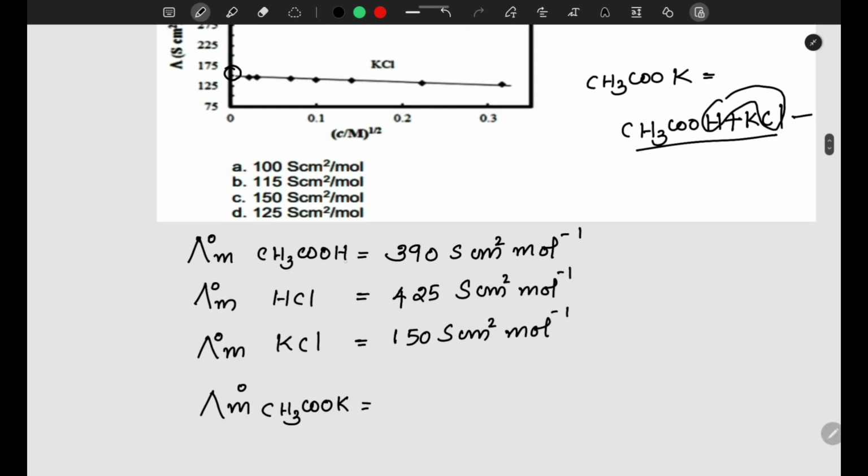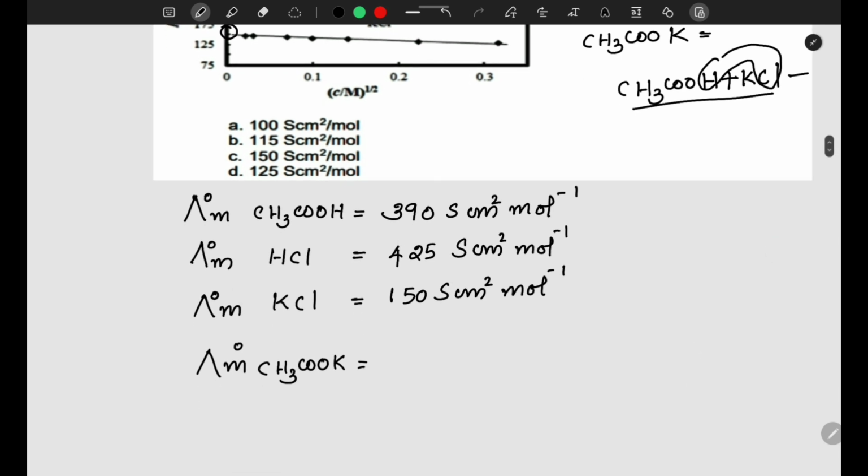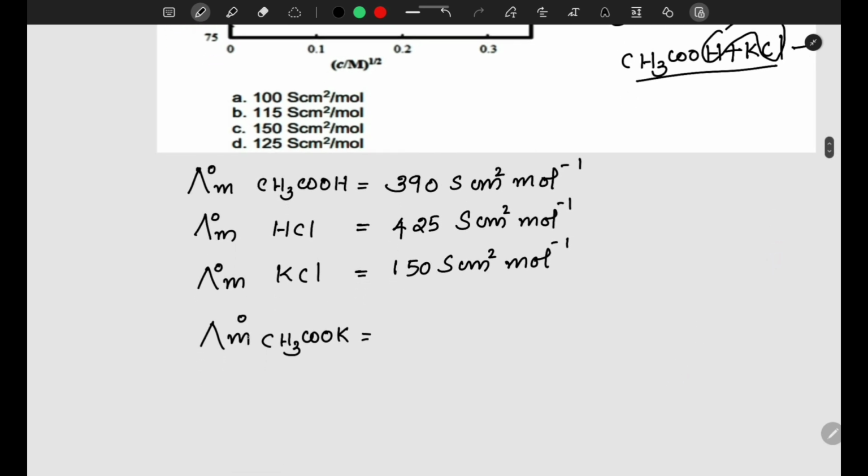So the limiting molar conductivity of acetic acid we know, HCl we know, and KCl also we know. To calculate the limiting molar conductivity of CH3COOK, we can take the sum of the limiting molar conductivity. According to Kohlrausch's law, the limiting molar conductivity is the sum of the conductivity of cation and anion.